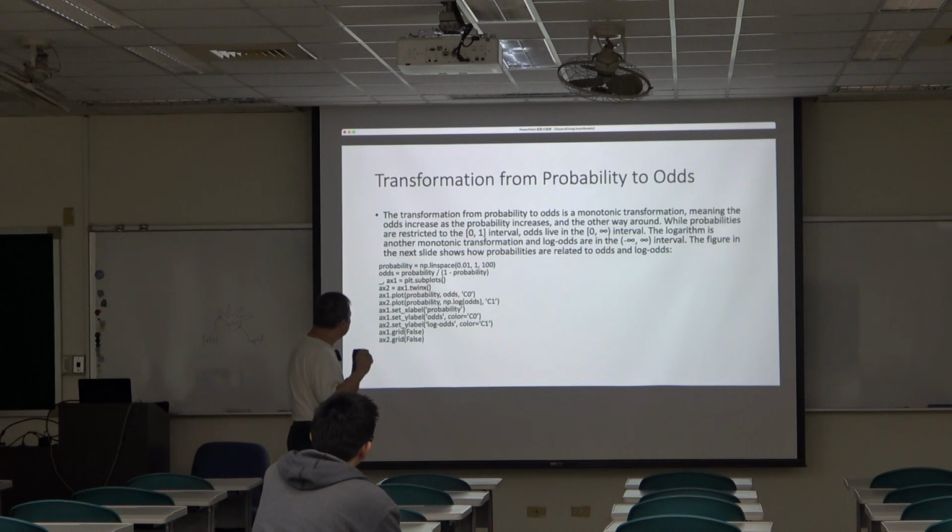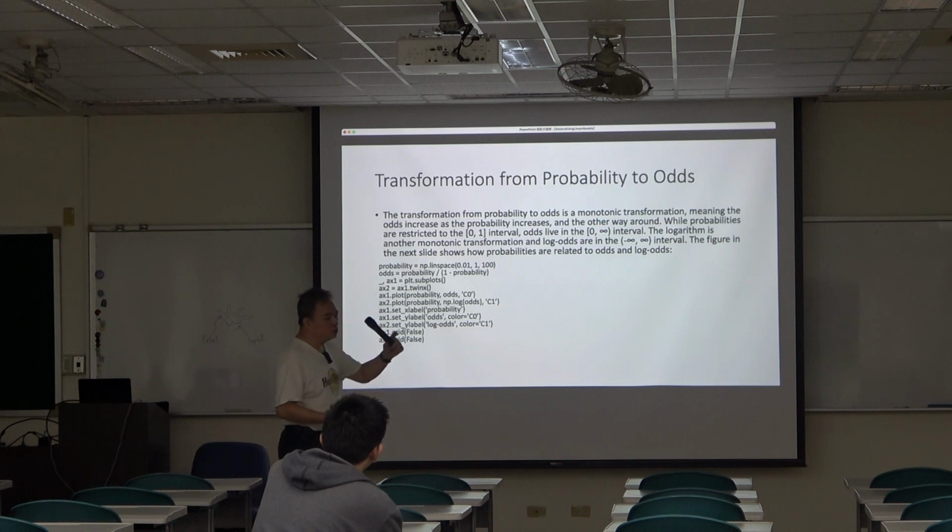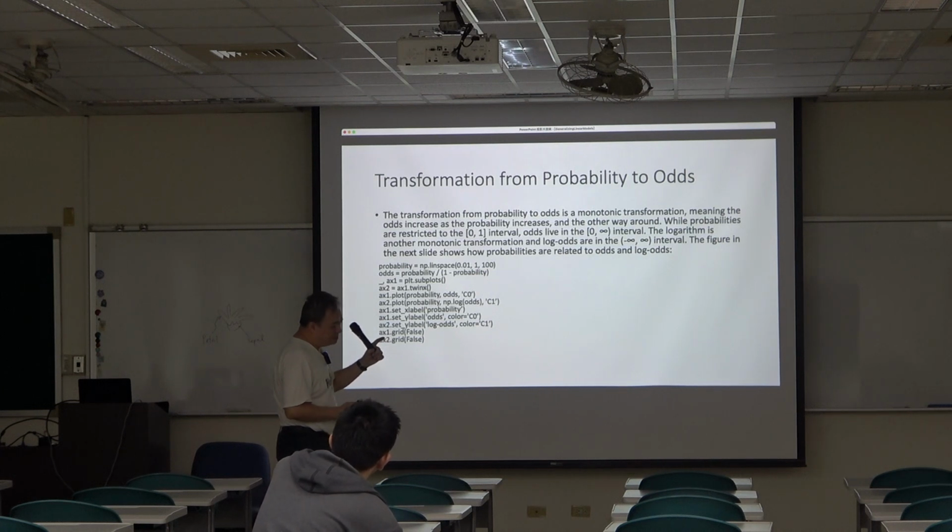One thing to be careful about is that probability is obviously in the range of 0 and 1, but the odds are in the range of 0 to infinity, because it's a ratio of two positive numbers, one like theta, one is 1 minus theta.